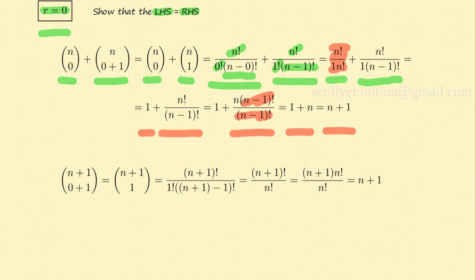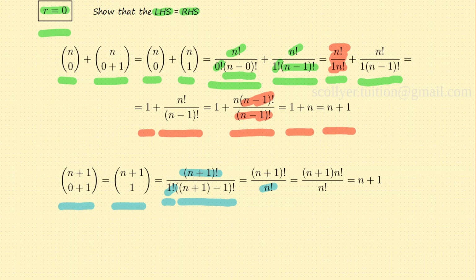For the case r equals 0, the right-hand side is n plus 1 choose 0 plus 1, which is n plus 1 choose 1. Applying the definition for n choose r, we get (n plus 1) factorial over 1 factorial times (n plus 1 minus 1) factorial. The bottom of this fraction reduces to n factorial, since 1 factorial is 1 and n plus 1 minus 1 is n.